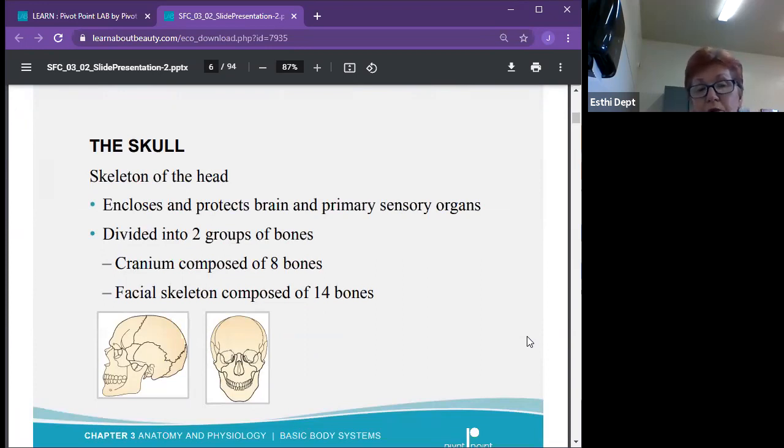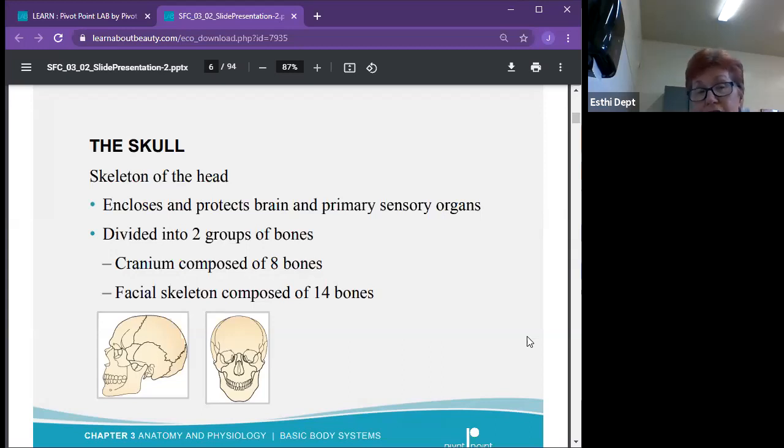The first one is the cranial bones, which actually are 8 bones. And in little brackets right next to that 8 bones, I want you to write F, next word S, next word poet, P-O-E-T. So it's F-S poet. That is the first letter of each one of those bones that we're going to talk about.